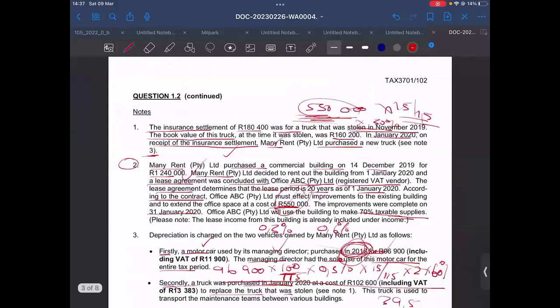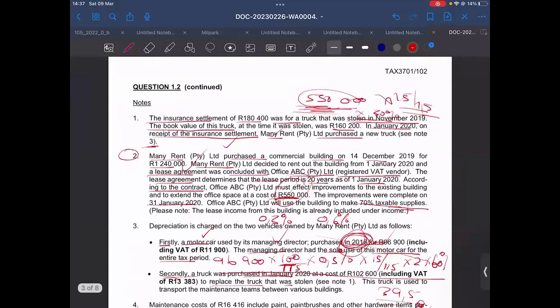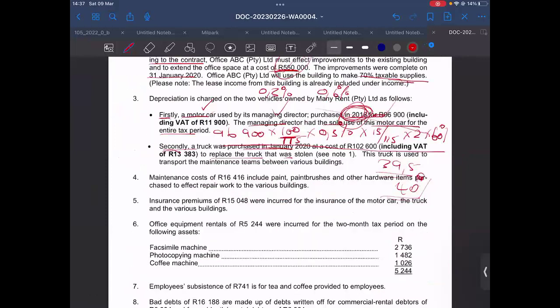Next one is the insurance premium, note number 5. Insurance premium of 15,000 was incurred for insurance of the motor car, the truck, and the various buildings. We know that insurance premium is for everything, so we apportion it again.